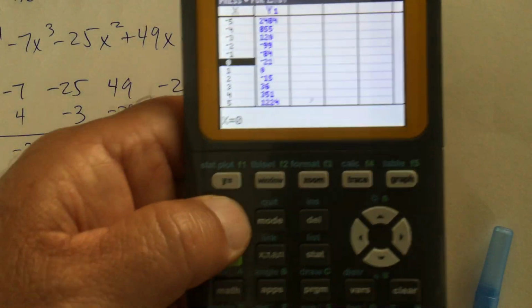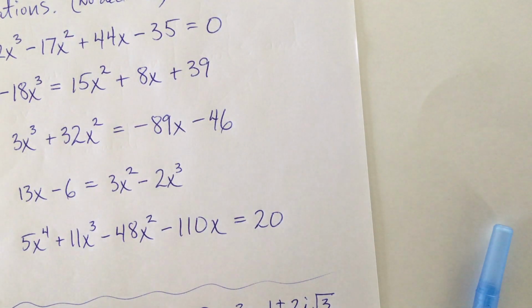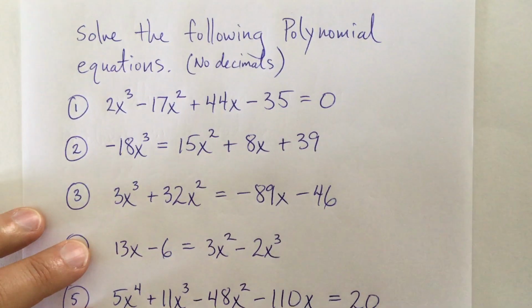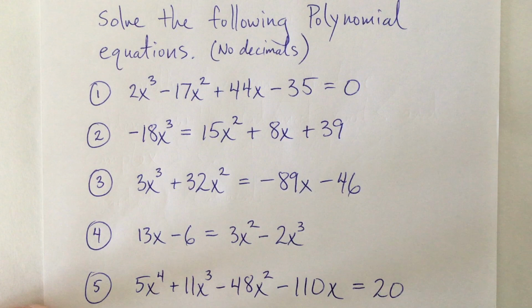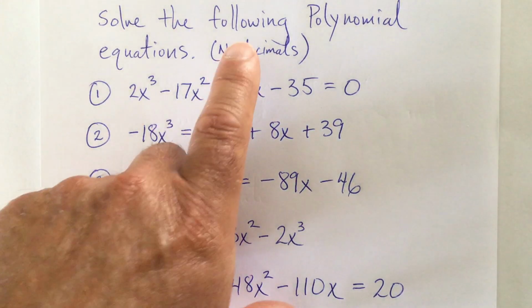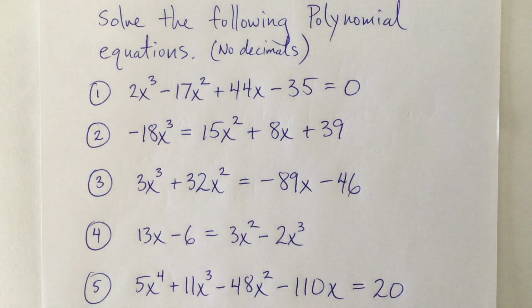So I'm going to turn this off, the calculator it is. And then here is what I want you guys to do. And I wrote them in equation form this time. There's 5 questions there. Solve the following polynomial equations. Do not give me decimal answers. If it's a fraction, you write a fraction. If it's a radical, you write a radical.